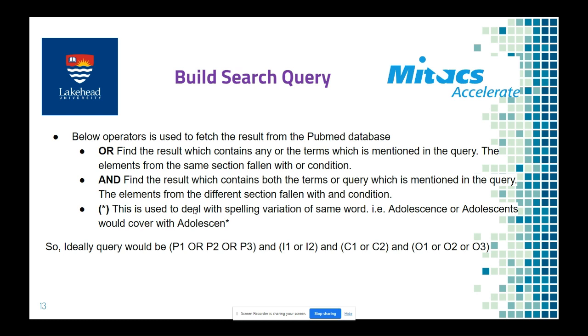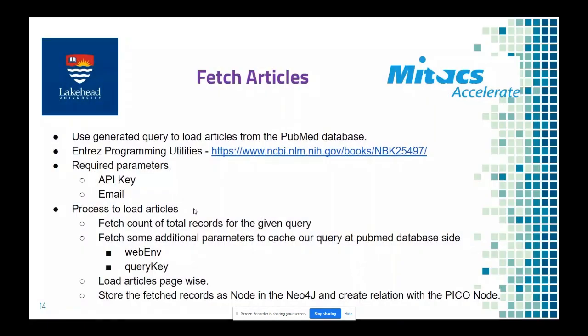Now suppose for the intervention we have I1, I2. For comparison we have C1, C2, and for outcome we have O1, three different keywords. All the keywords within a section are joined with OR, and all the sections are joined with AND. This is the basic concept when we build the search query.